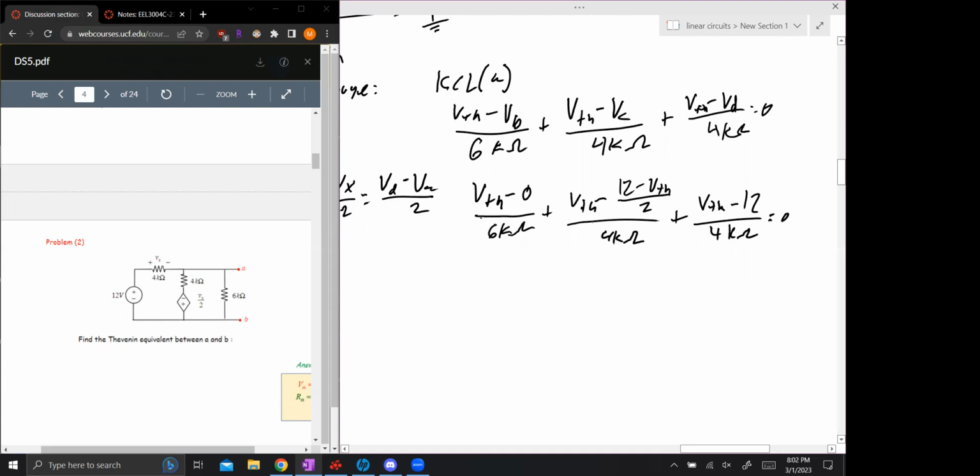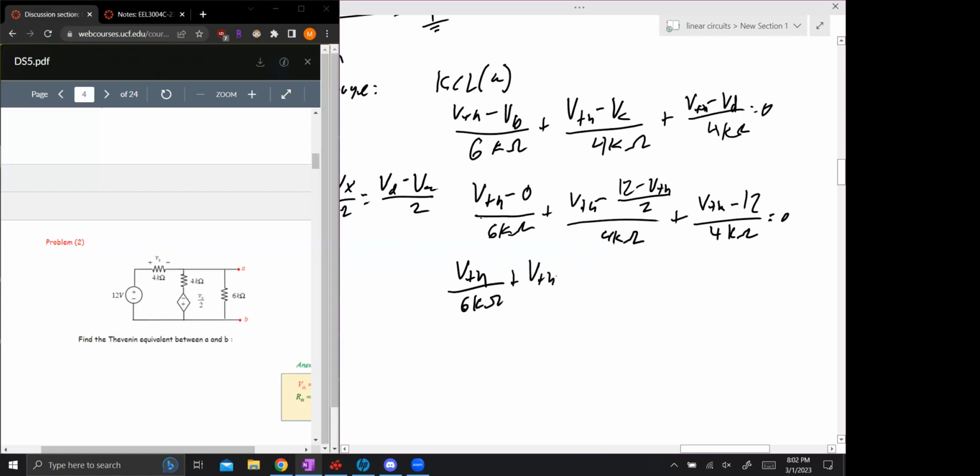I'm not a fan of all these fractions together. Yeah, me neither. So I'm going to rewrite this in a simpler form. I'm going to move the 6 kilo ohm term over to the left hand side.